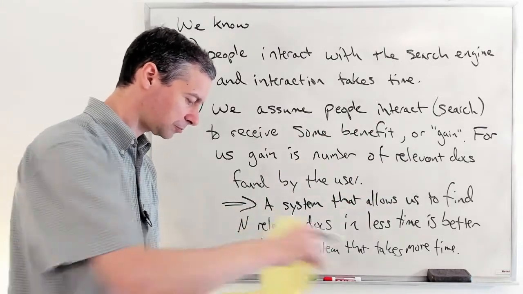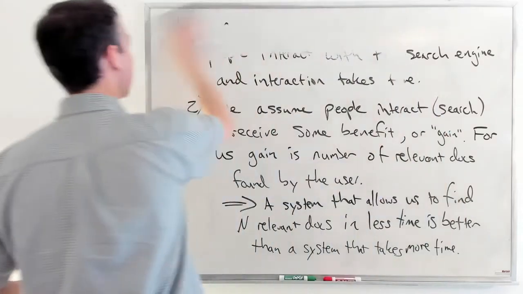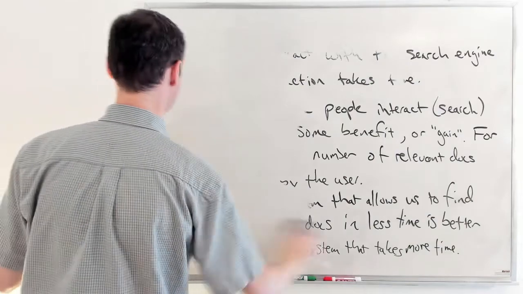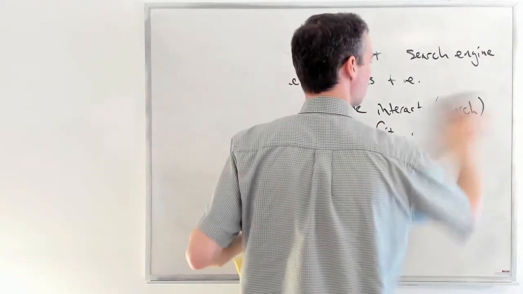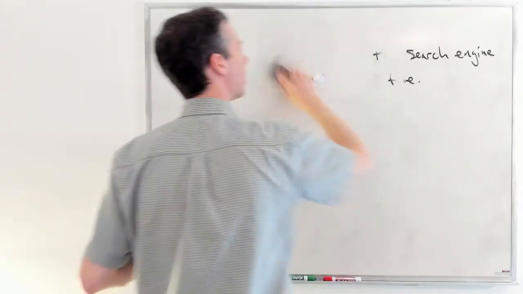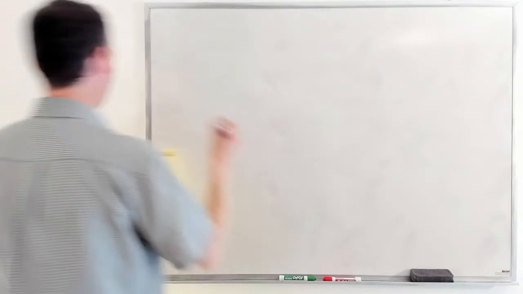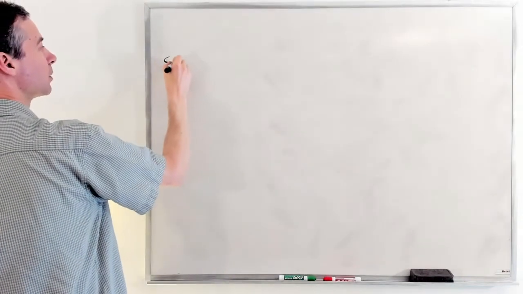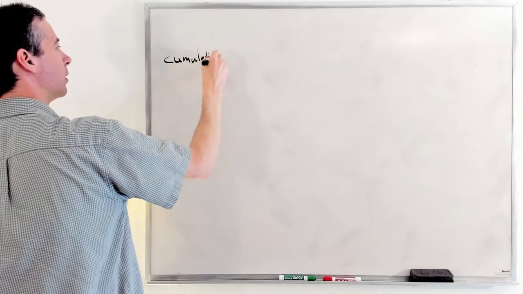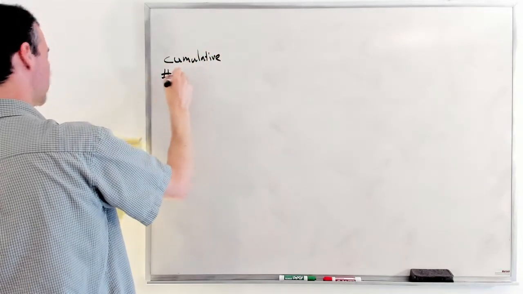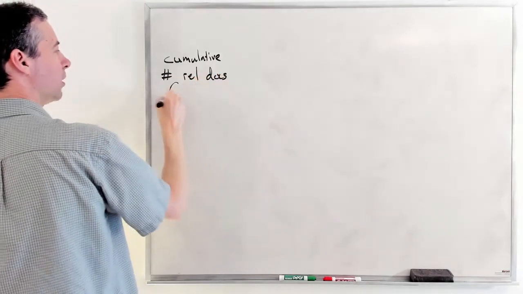All right. So let's make this a little bit more visual for ourselves. Let's make a plot of what it is that we're aiming to talk about here. Over here, our vertical axis will be the cumulative number of relevant documents found.